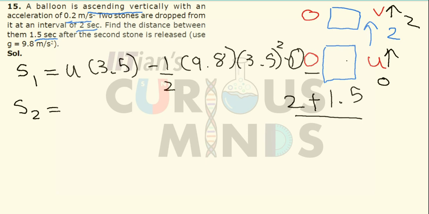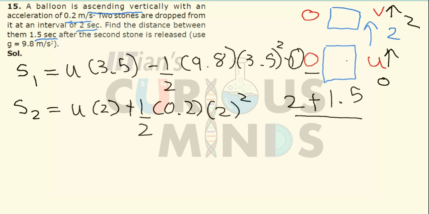So the displacement in that case will be equal to u into t, where t is equal to 2 seconds, plus half into 0.2 into t square, where t square will be equal to 2 square. This is the first section, where it goes from this position to this position. After that, for 1.5 seconds, the initial velocity is equal to v.